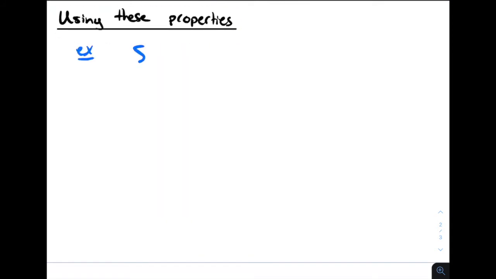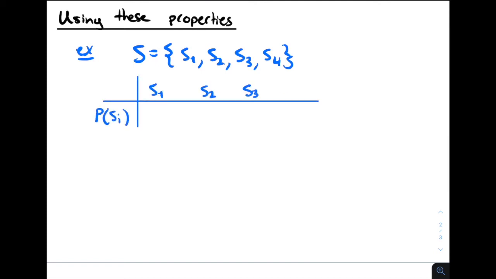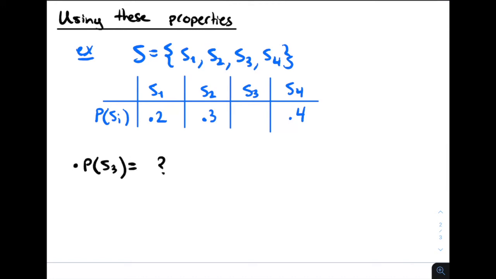As an example, let S equal {S1, S2, S3, S4}. And let's suppose we were given the following table of probabilities. Our first question might be, what is the probability of S3? To solve this, we would use the fact that the sum of all outcomes should equal 1.